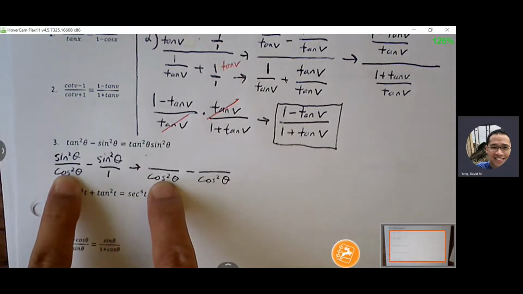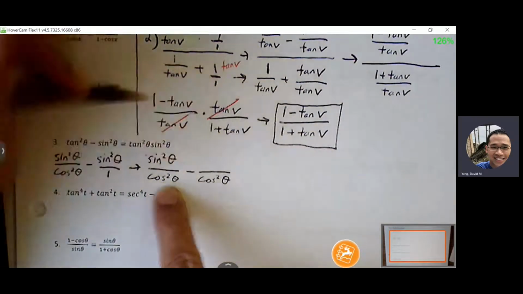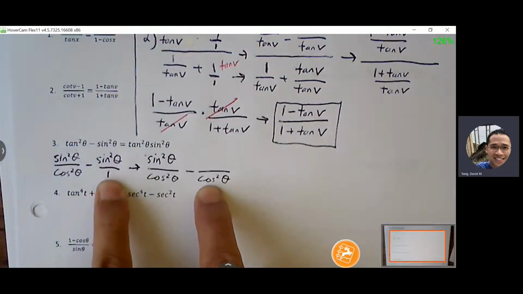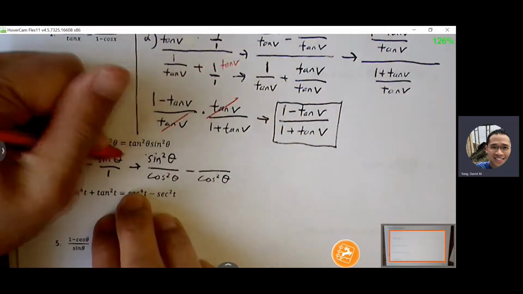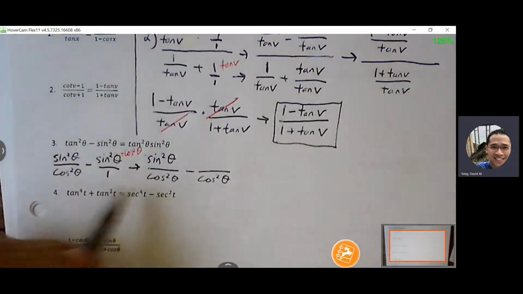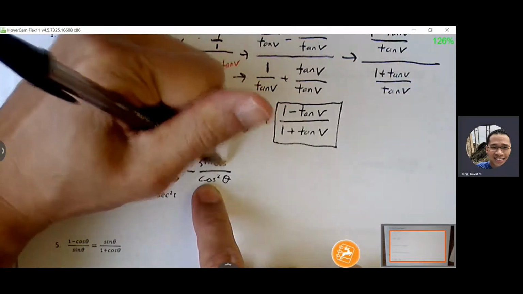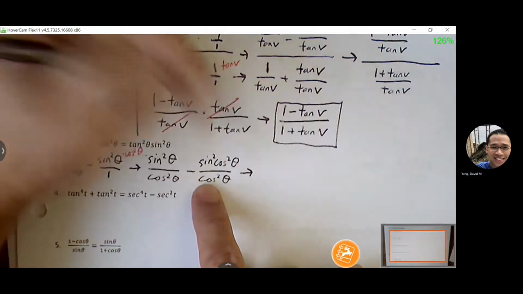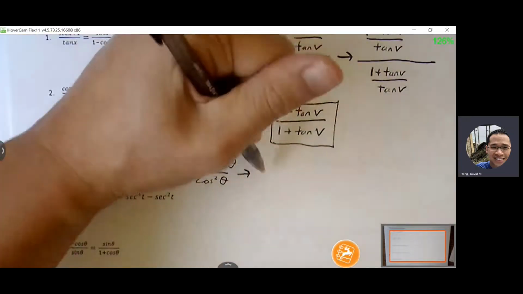My denominator is matching, so I'm just going to bring that sine squared over. Second fraction, I'm missing a cosine squared, so I need to balance the numerator with also a cosine squared. So I'm left with sine squared cosine squared. At least I have the same fraction here, so I'm going to put it all under one fraction.